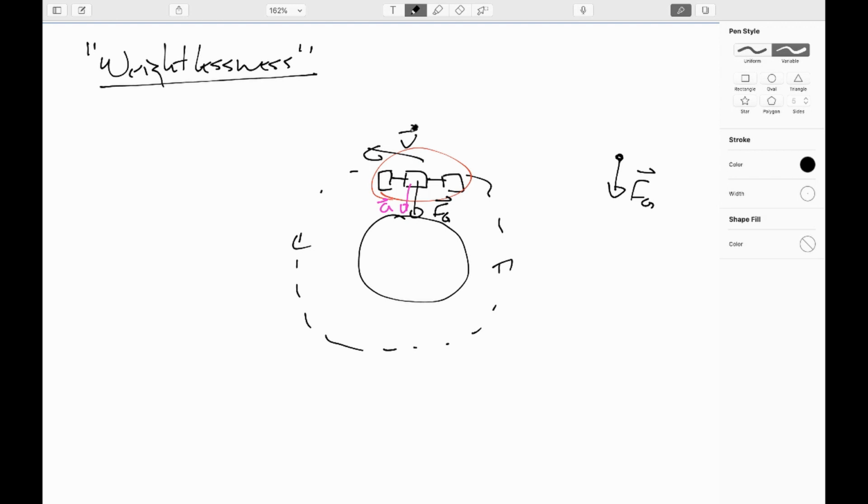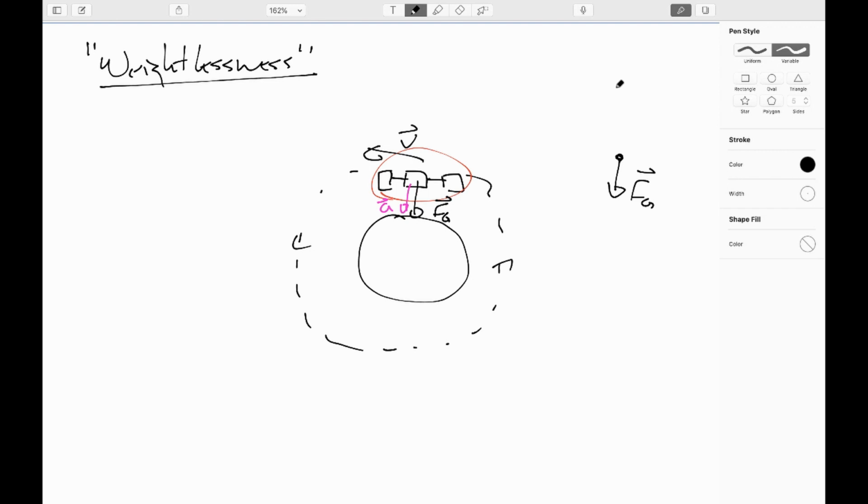In other words, in Douglas Adams' Hitchhiker's Guide to the Galaxy series, in So Long and Thanks for All the Fish, we learned that the way that you fly is to fall to the Earth but miss. That turns out to be exactly how things orbit. They're always falling to the center of the Earth, but they're always missing.